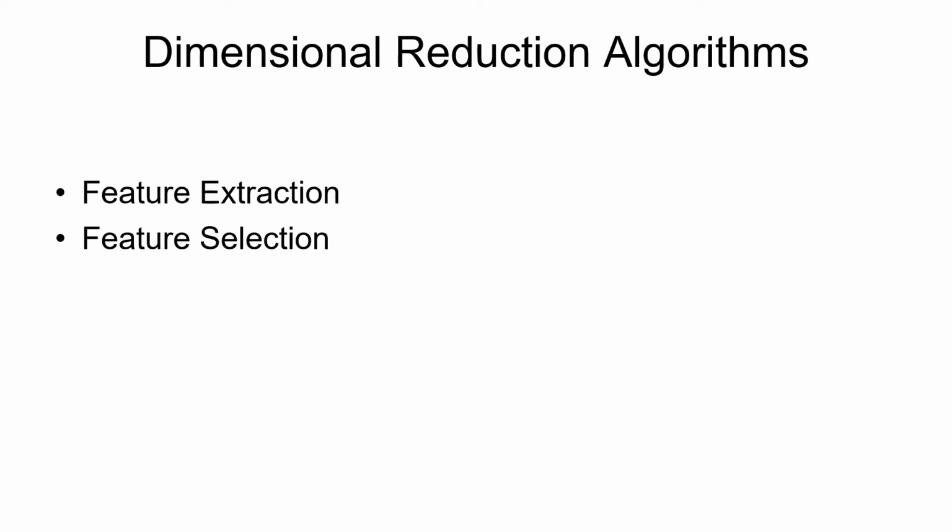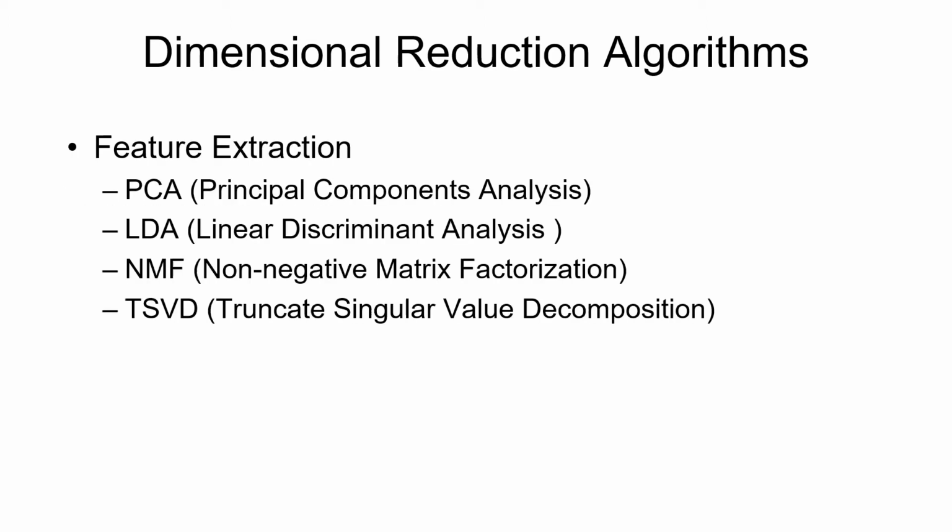In the context of dimensional reduction algorithms, we have feature extraction and feature selection. Those are some of the most used algorithms for dimensional reduction: principal components analysis, linear discriminant analysis, non-negative matrix factorization, and truncated singular value decomposition.